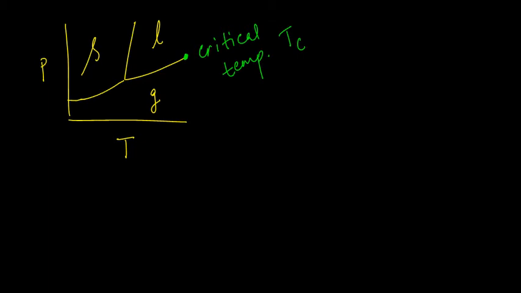Exactly the same kind of technological application is also used, for example, for extracting caffeine from coffee. Nowadays you get decaffeinated coffee. That's the way you do it, because caffeine is soluble in supercritical carbon dioxide, so you can remove it.